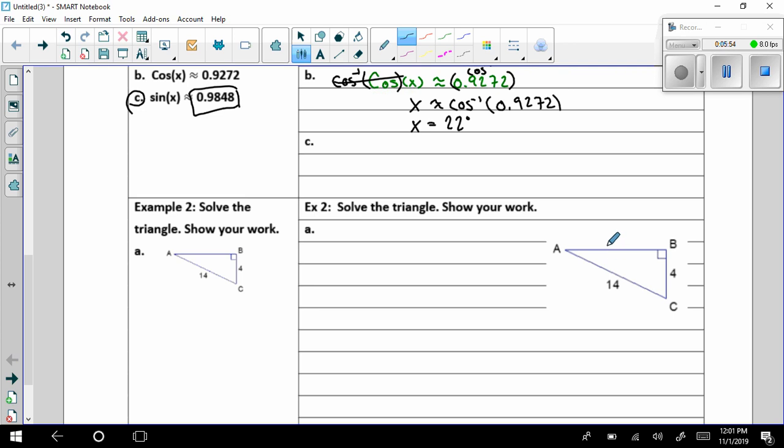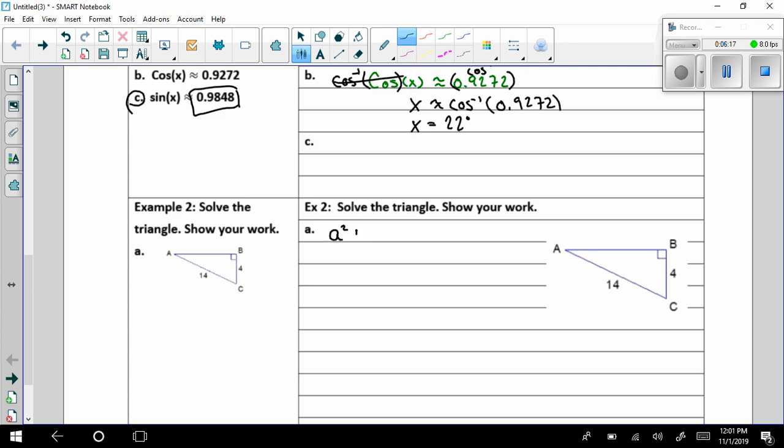So we could use Pythagorean theorem to find AB, or if it's a special right triangle, you can use your patterns. Sorry. So let's start by finding the side.